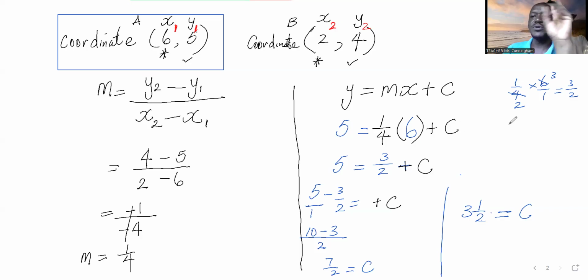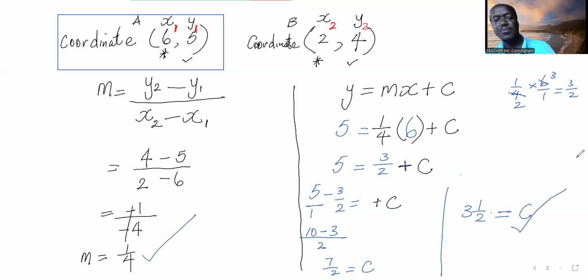So the equation of my line: anytime you are asked to write the equation of your line, all they are asking for is two things. The gradient, which we know, it's here, and the constant. So my equation of my line, and I'm going to write it in red.